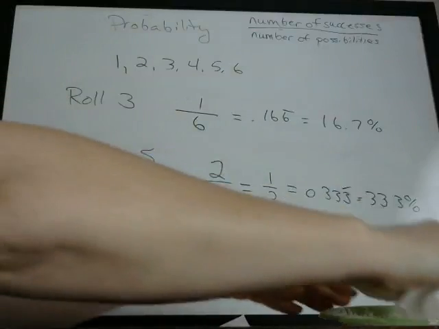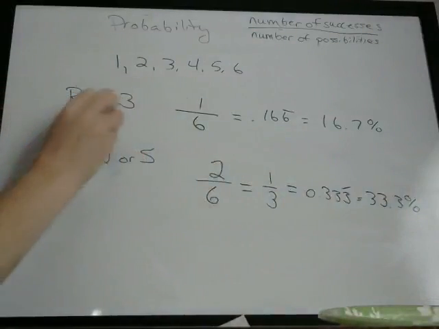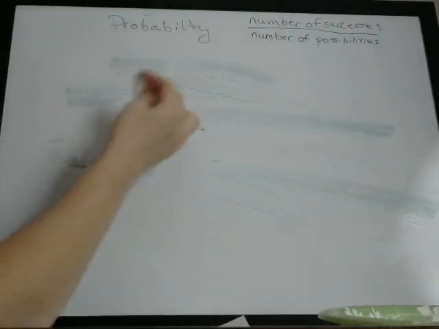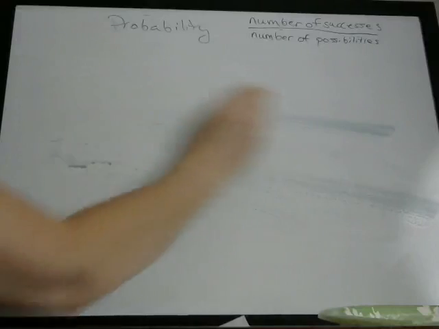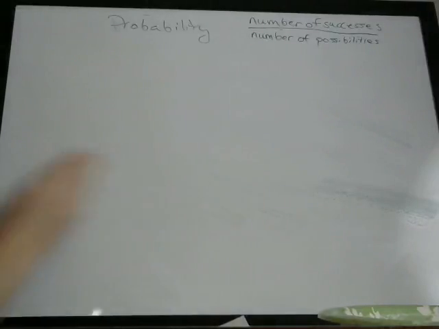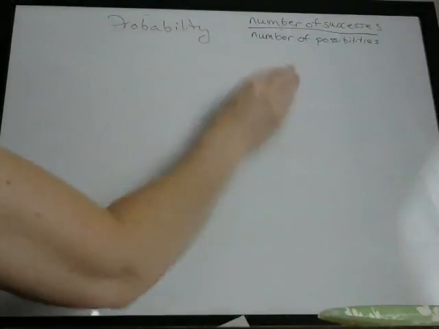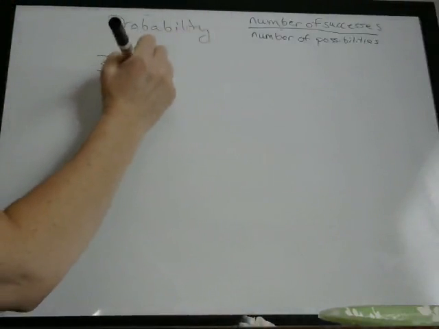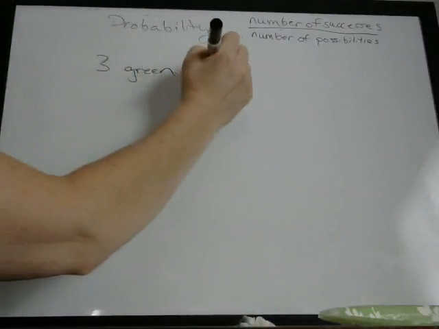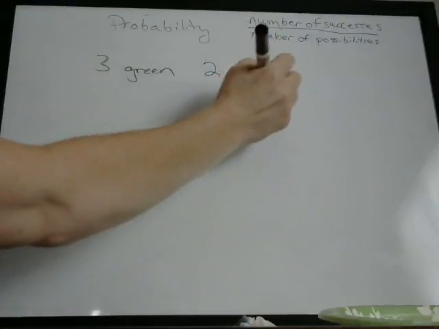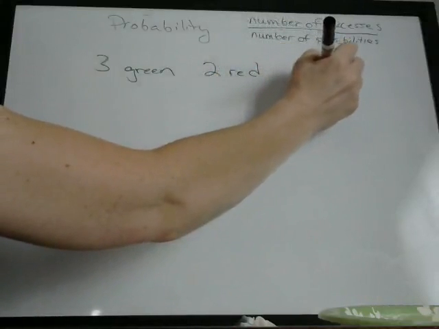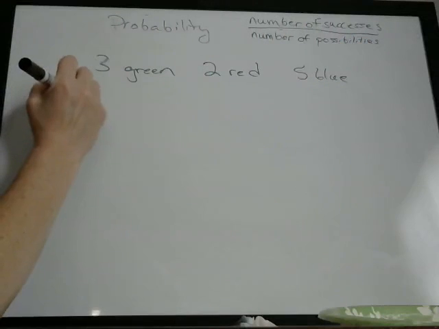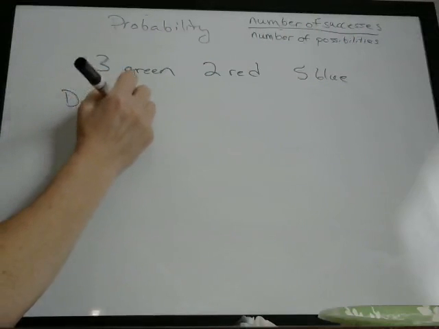Let's do another problem. So now, let's not use a dice. We'll say that we have a bag of marbles. And we'll say we have 3 green, 2 red, and 5 blue marbles. So what's the probability of drawing a red marble?